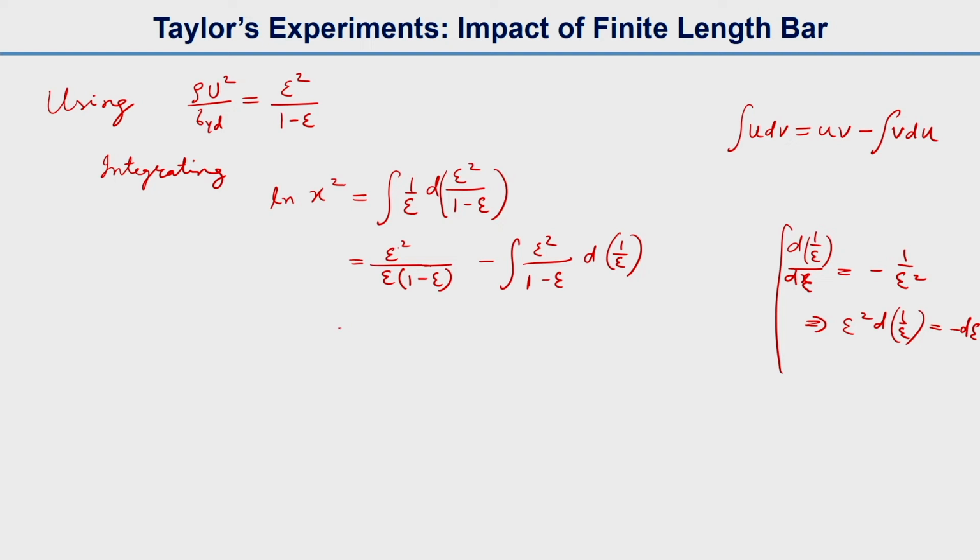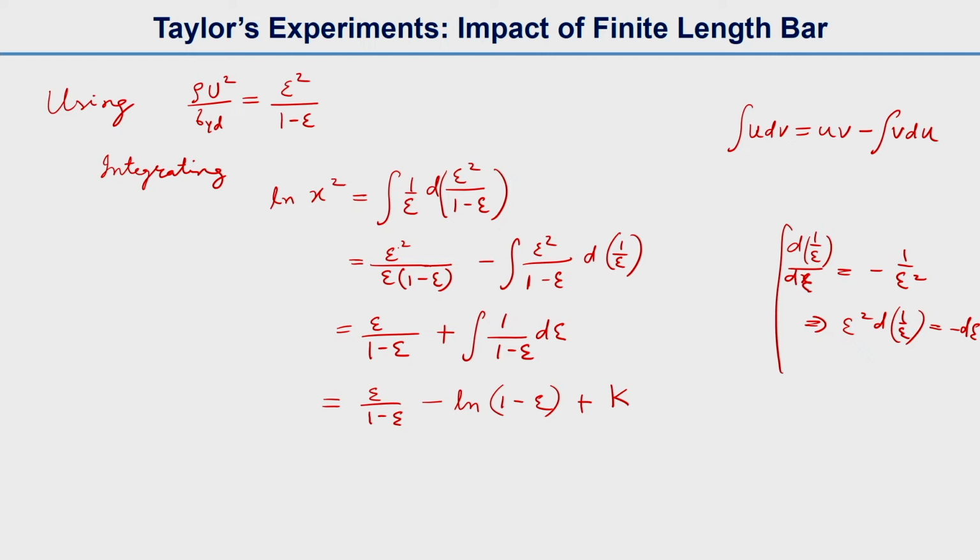So we can write it as (1 minus epsilon) plus (1 minus epsilon) d epsilon, and when we do the integration, we get epsilon with a constant of integration k.